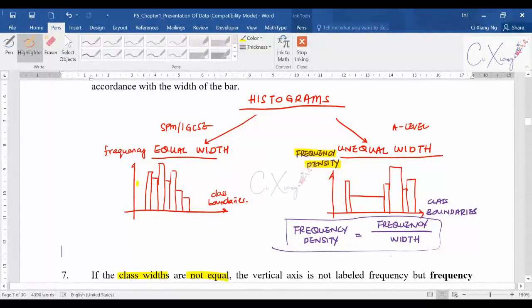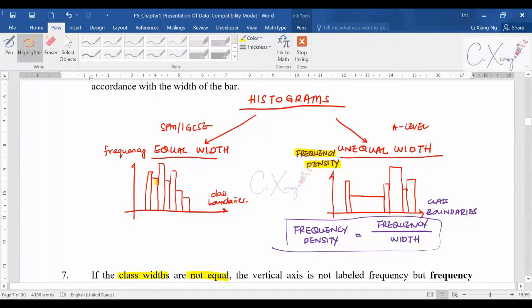Usually students, when they want to draw a histogram, they forget to check the detail and they always draw the original frequency, the equal width histogram, which is the wrong one. In the exam, they will not tell you this is an unequal width histogram. You have to check it yourself before you draw. That's why a lot of students forget to check, and that's why they always draw a wrong histogram.